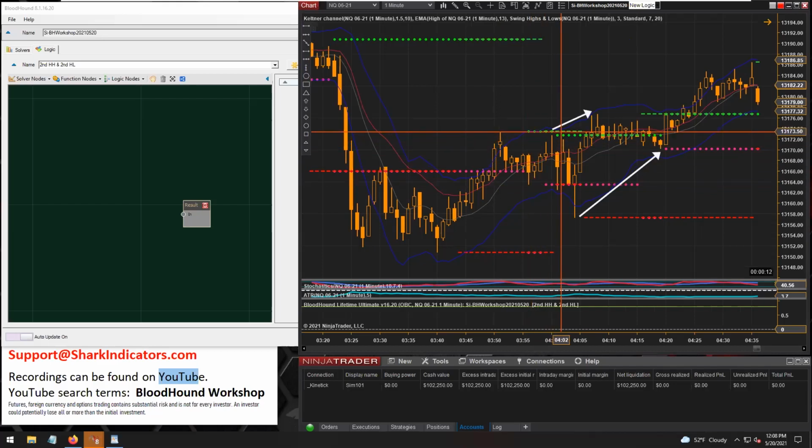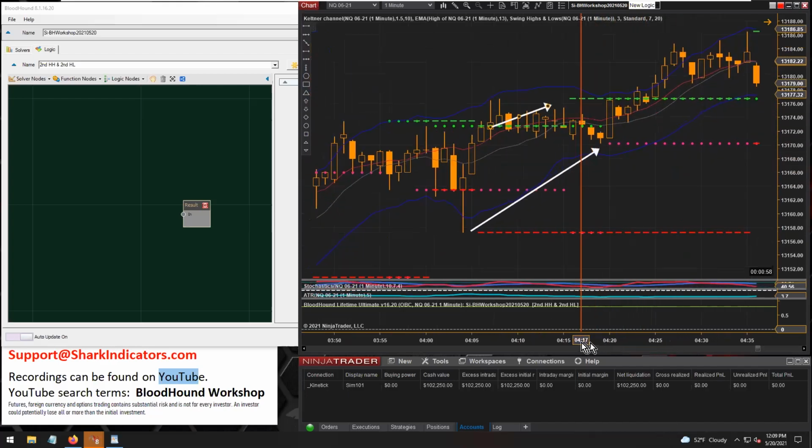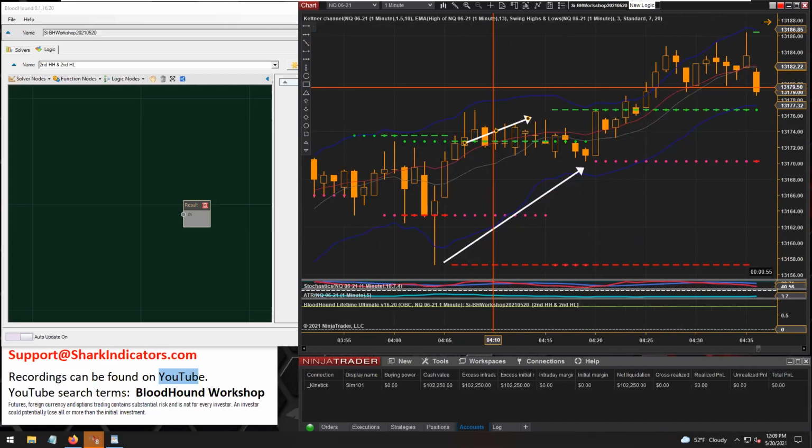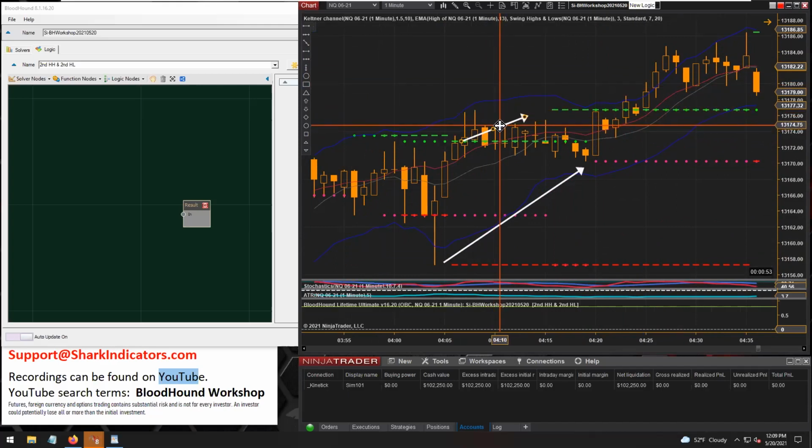So what we want to see is to go from a hash line to a higher hash line. Over here, it's kind of hard to see. It's hard to see when those dots and hashes are on top of each other. But there we go.